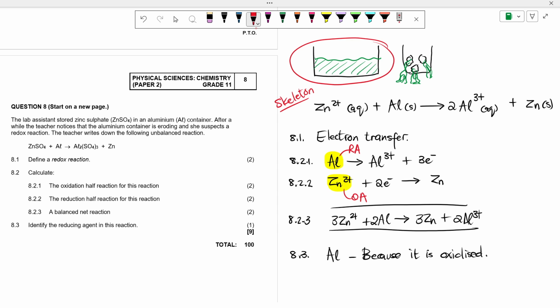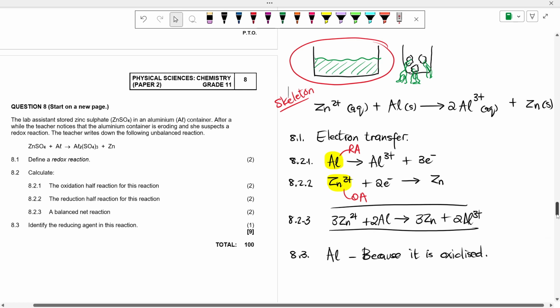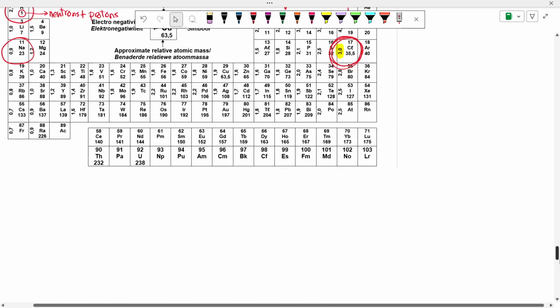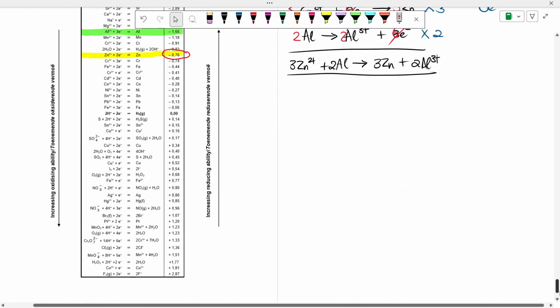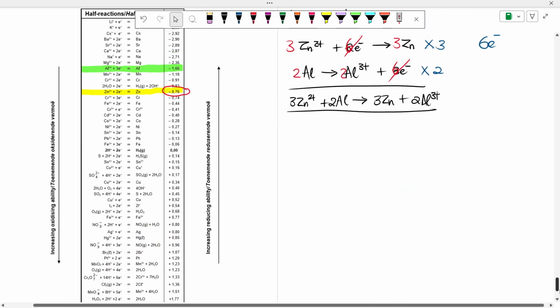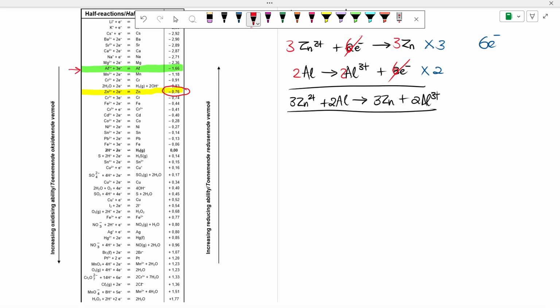Then we're just going to check the reduction potentials and identify which one is a stronger reducing agent, and which one is a stronger oxidizing agent. For example, if I go down table 4B, this aluminum is a stronger reducing agent.